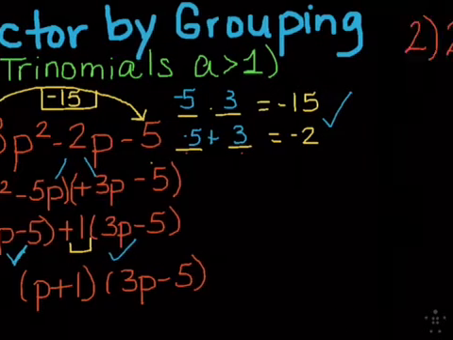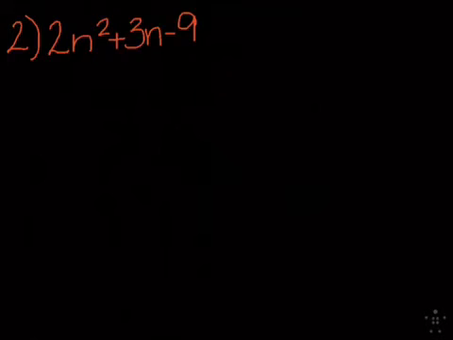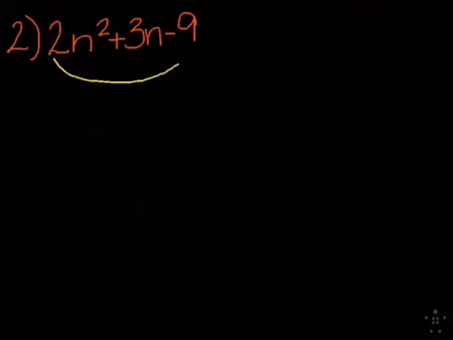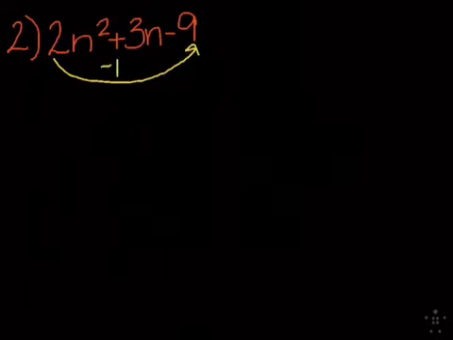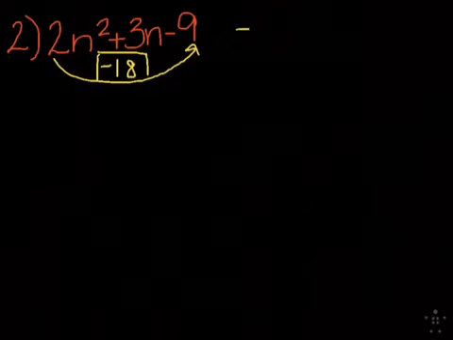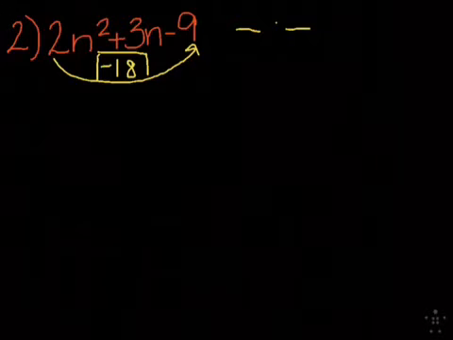Let's go to the next one. Same deal. I'm going to multiply the first and last ones together. So 2 times negative 9 is a negative 18. So you're looking for numbers that multiply to negative 18, that when you combine them together, you get a positive 3.